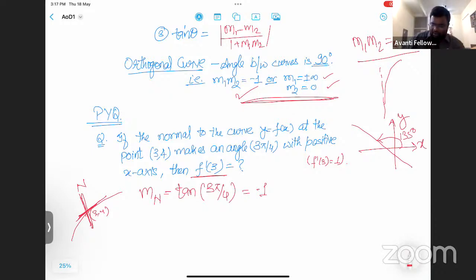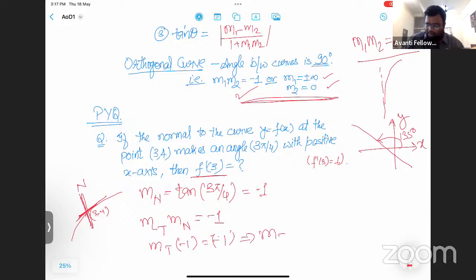So can you tell me, if mt is the slope of the tangent and mn is the slope of the normal, then mt times mn is equal to -1, right? The slope of the normal is -1, so mt times -1 is equal to -1. Minus and minus get cancelled on both sides.